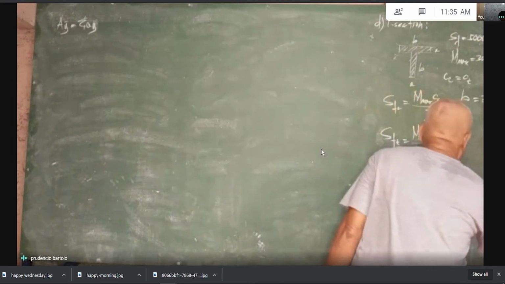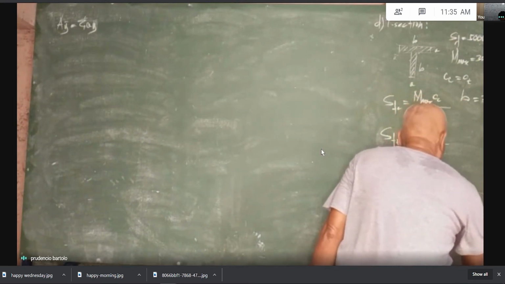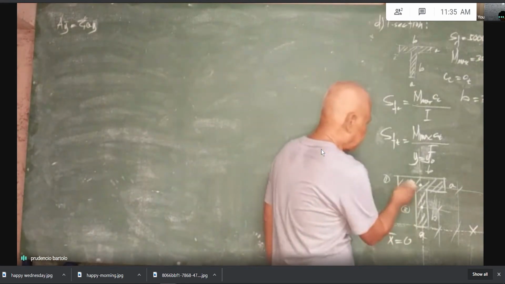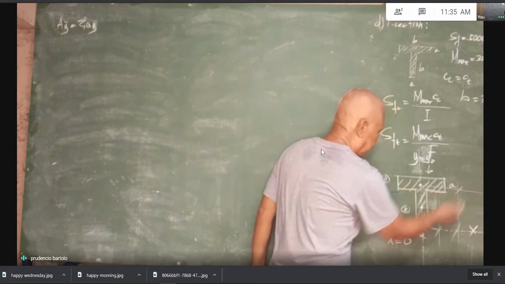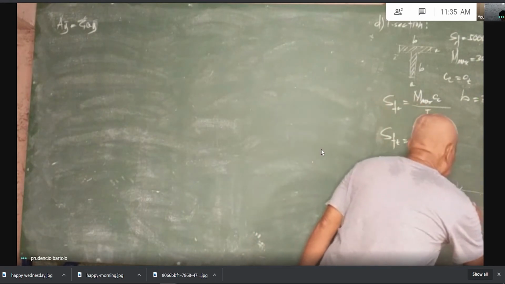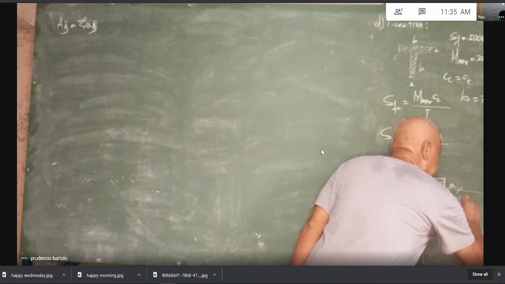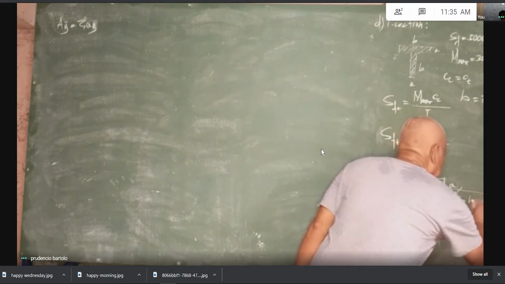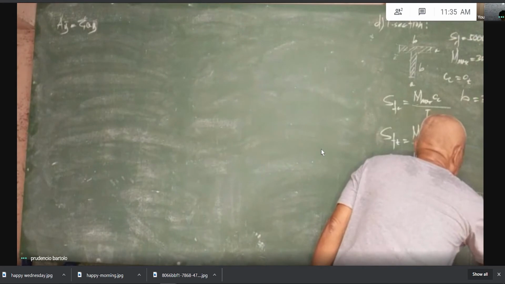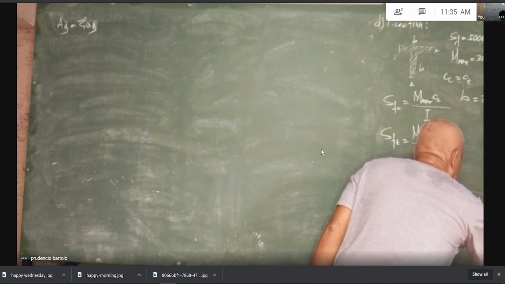So for figure number 1, from this point to that point, we have b plus a over 2. In terms of a, that is now 7 over 2 a.